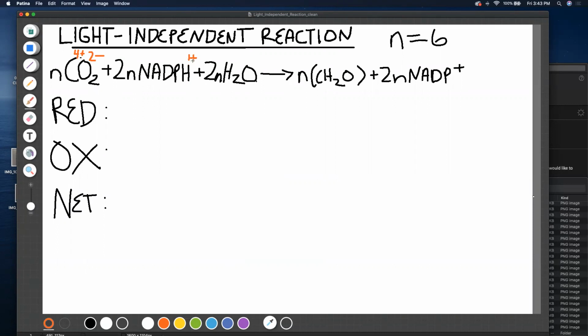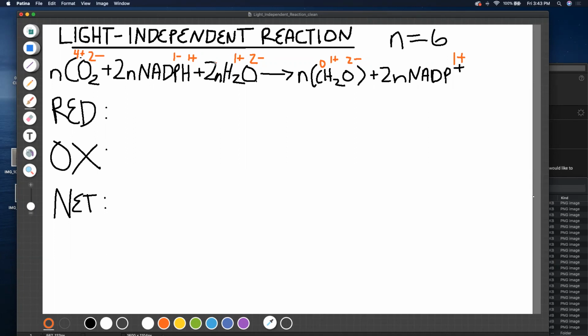Hydrogen has a 1+, so that must mean NADP plus. NADP has a 1-. Hydrogen here has a 1+. Oxygen has 2-. Okay, and we saw this in the overall reaction. Hydrogen has 1+, when it's not paired with a metal ion. We have oxygen 2-, this is balanced. Carbon has 0, and now NADP plus is 1+.